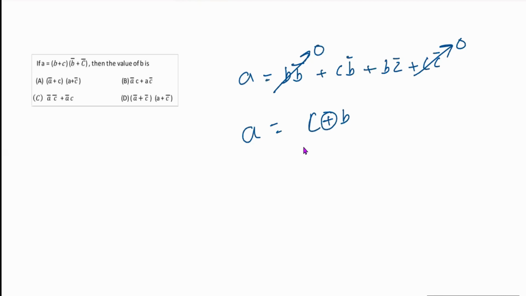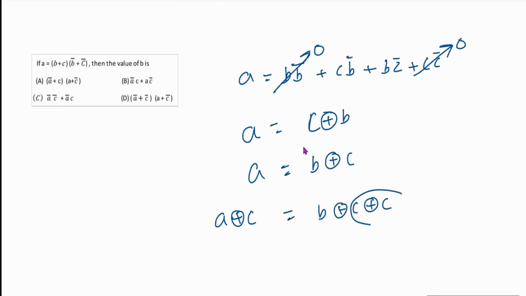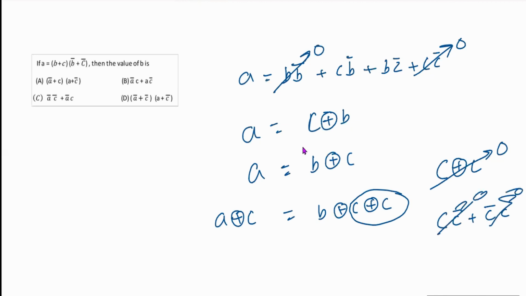So I am getting A equal to C XOR B, or A equal to B XOR C. Suppose I am doing XOR of C on both sides. So I am doing A XOR C here, and B XOR C XOR C here. C XOR C, I know that this is 0, because C into C bar plus C bar into C is 0 plus 0, which is 0.